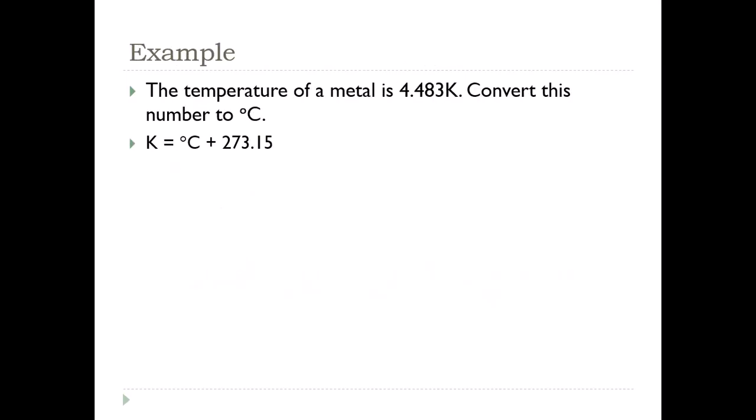Let's look at an example in terms of sig figs. The temperature of a metal is 4.483 Kelvin. Convert this temperature to degrees Celsius. We would have to subtract 273.15 from the Kelvin temperature.